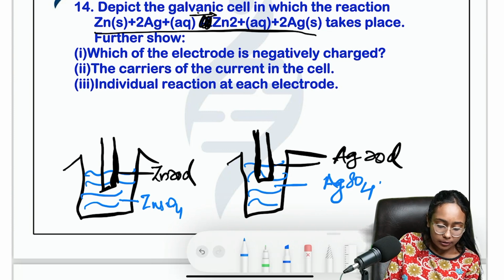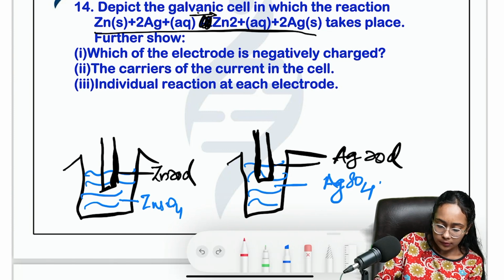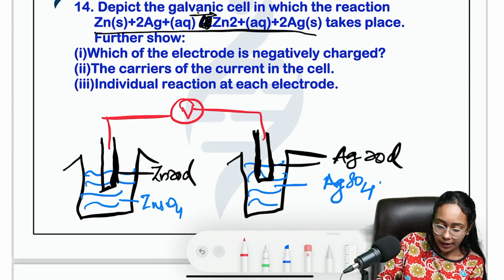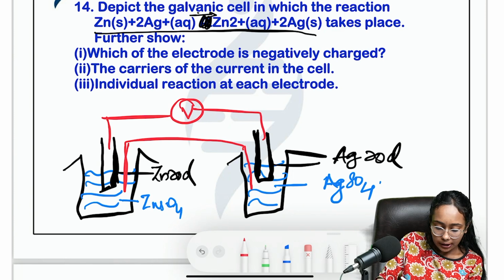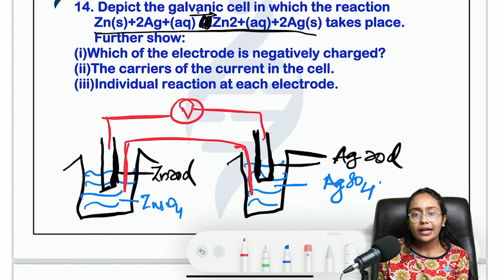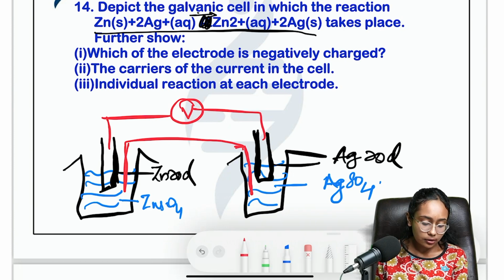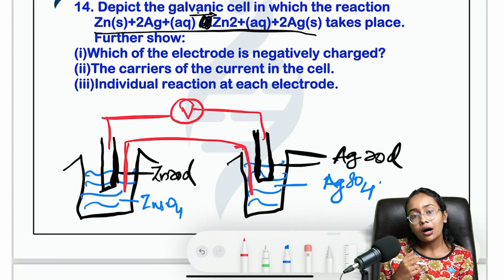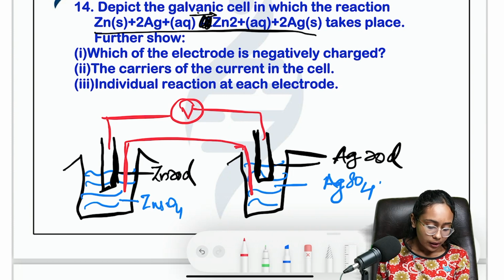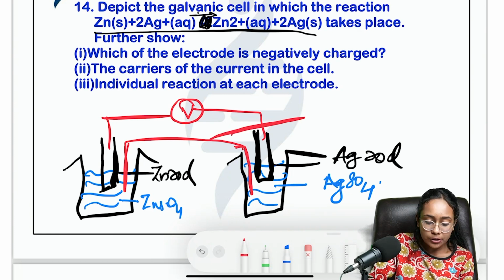Now I'm connecting both to a voltmeter, and also I have a salt bridge here. This is a basic setup of a galvanic cell or any electrochemical cell, that you have a voltmeter or galvanometer to detect the presence of current flowing. You can also measure the EMF of the cell or the electrode potential using a voltmeter. We need a salt bridge. This is the salt bridge.